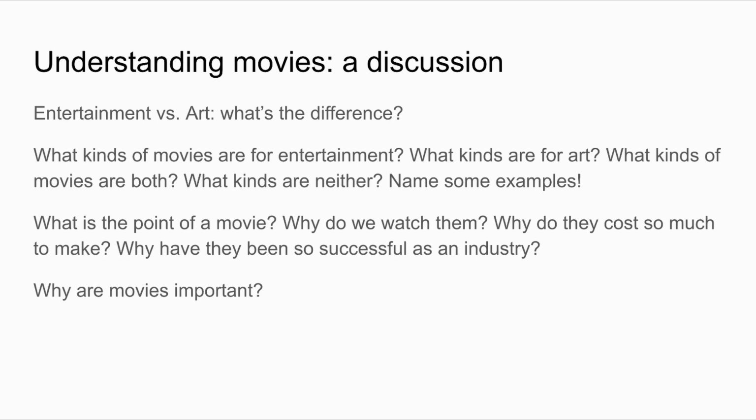And we can get into also how are movies marketed? What is the movie industry like, and how does that relate to whether a movie is an art form or a product for entertainment purposes, and sometimes even a product that is used to sell stuff, right?